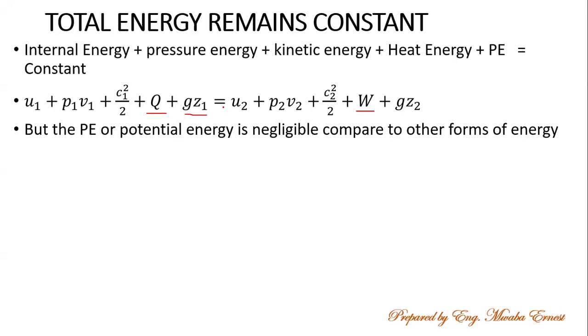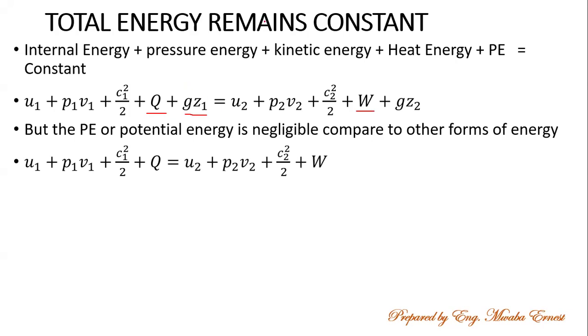Some books have tried to maintain it, but the end result is this is negligible. So when you remove this factor from this equation, you remove this and you remove that because it's almost equal to 0. Then what you remain with is these other ones remaining here. So you have U1, P1, V1, C1 squared over 2, and heat energy here. On the other side also, everything is maintained and up to work.